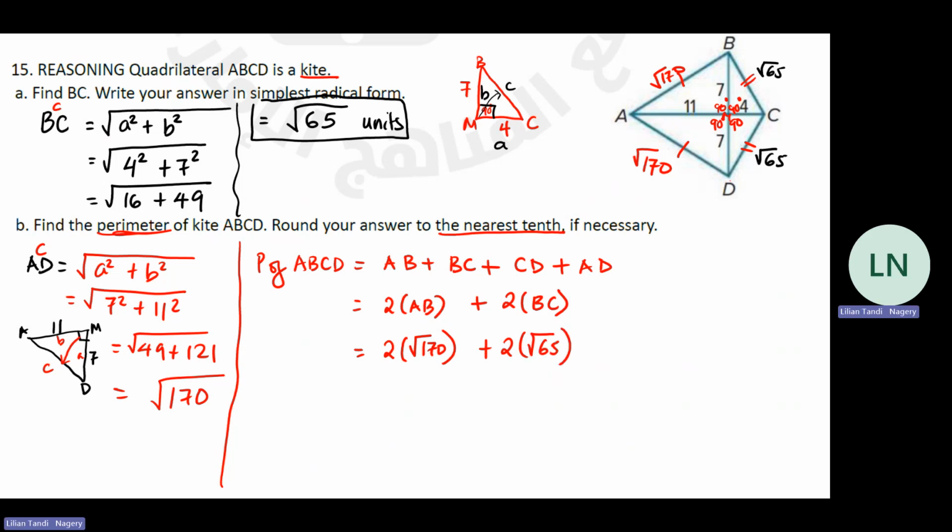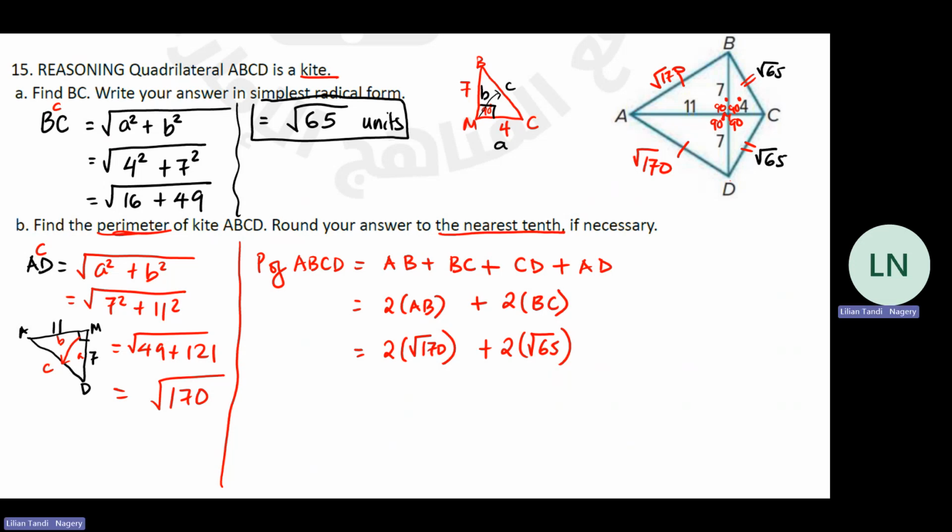Now, put everything in the calculator. 2 times the square root of 170 plus 2 times the square root of 65. Something is not right on my calculator.